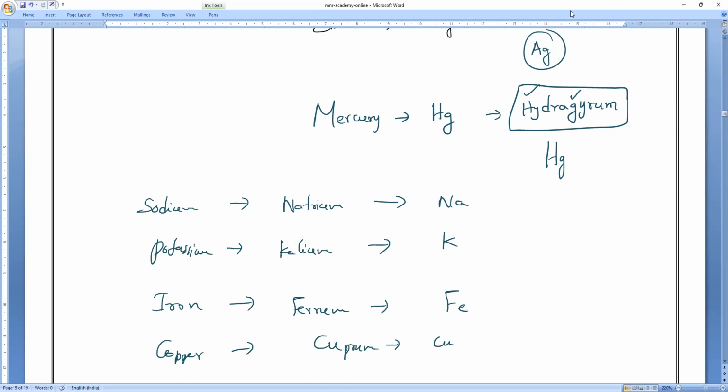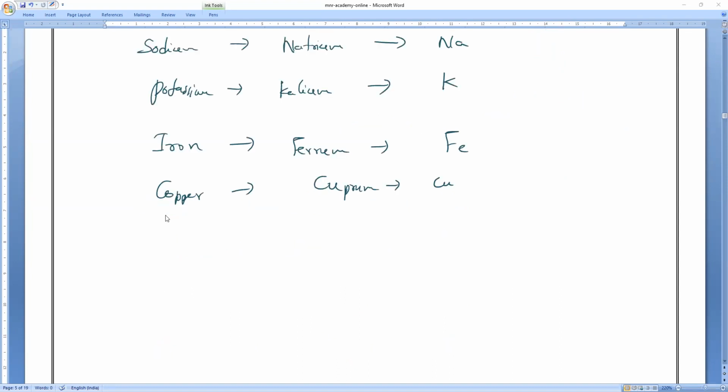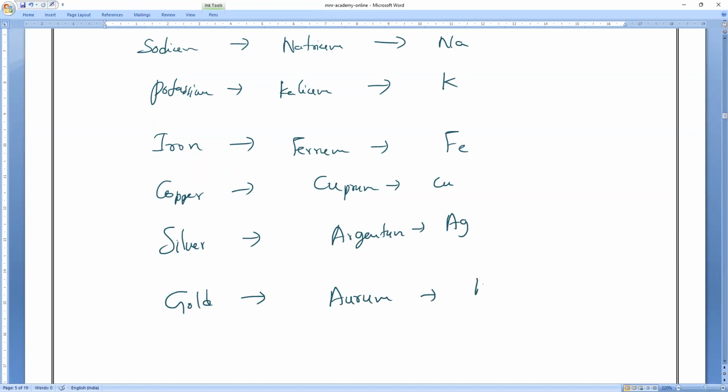Cu. Silver is argentum. What is the symbol? Ag. Gold is aurum, Au.